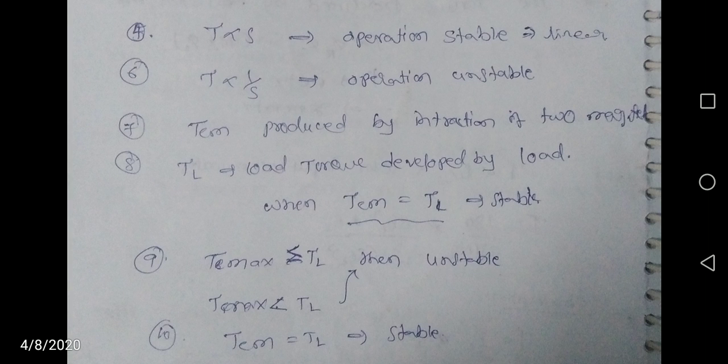The electromagnetic torque acts in the direction of rotor rotation in the motor, and in the opposite direction of rotor rotation in the generator. If maximum torque is less than load torque, then it is unstable mode.